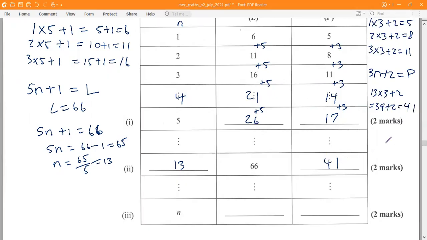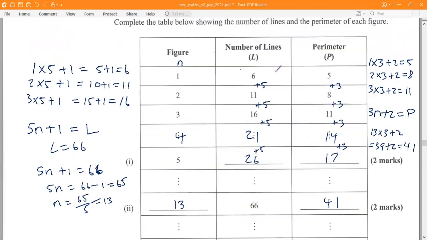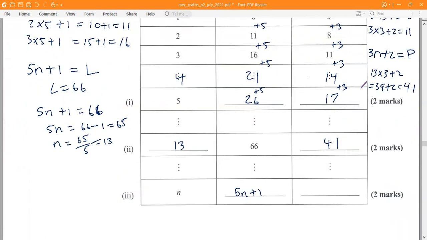So we have figured out the relationships: the number of lines L is equal to 5n plus 1, and the perimeter P is equal to 3n plus 2.